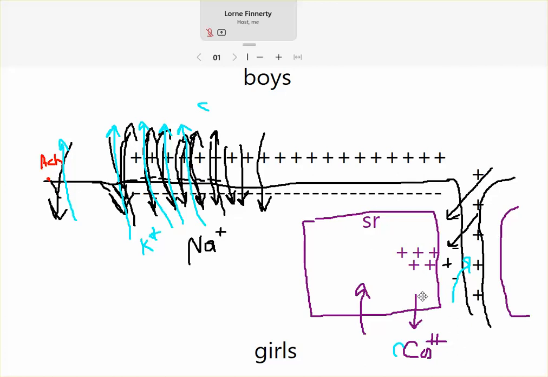And then when this all resets, the calcium gets brought back in. So a little bit of acetylcholine in the synaptic cleft causes this chain reaction to happen, and calcium is released into the sarcoplasm.